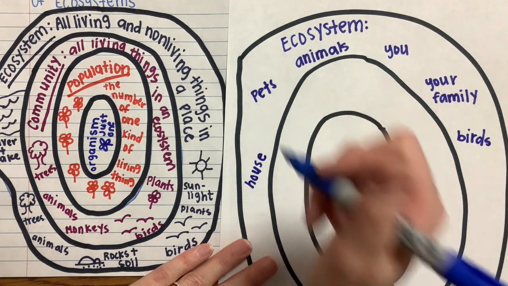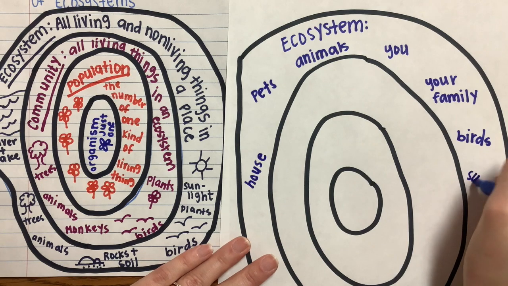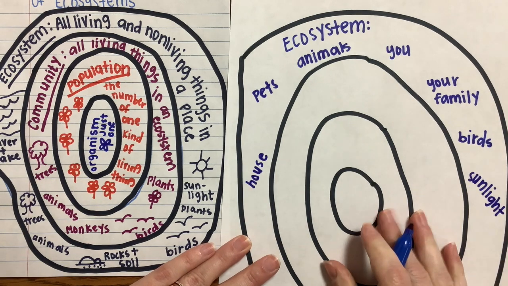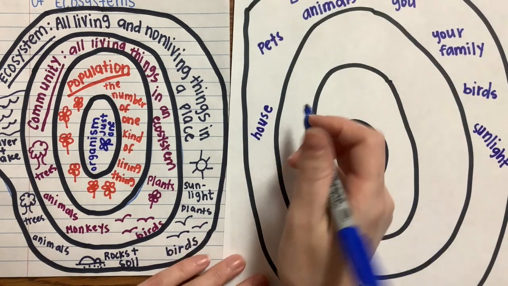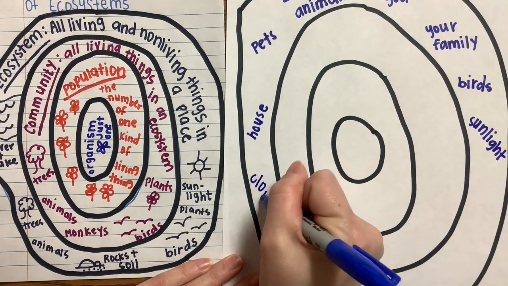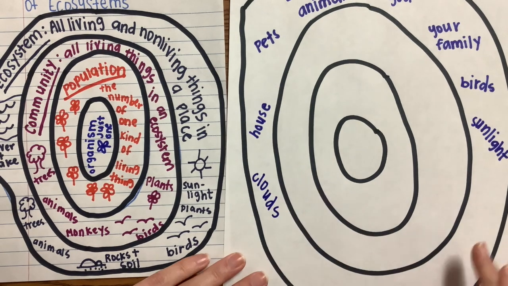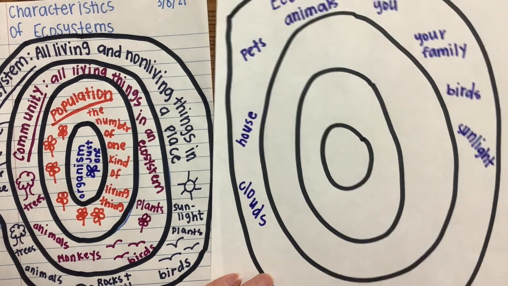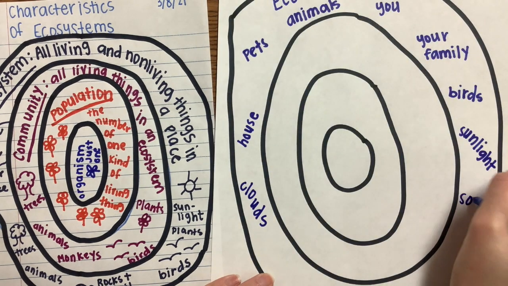Your house, sunlight, that affects you, doesn't it? Clouds. You guys do not need to write this down. I'm just explaining a little bit more. All the living and non-living things. Probably soil, right?